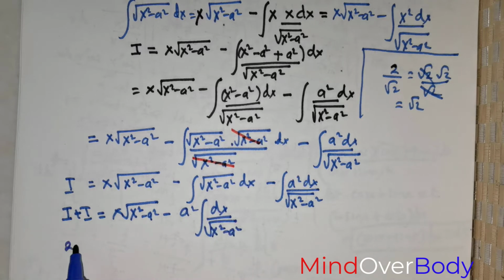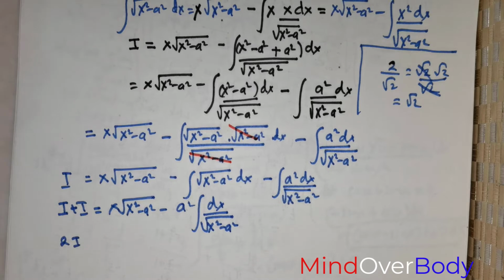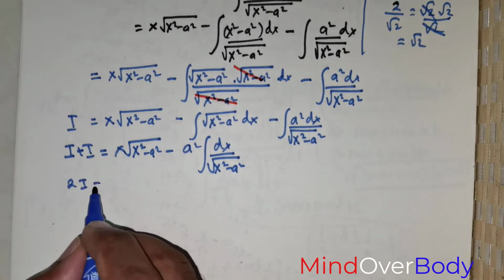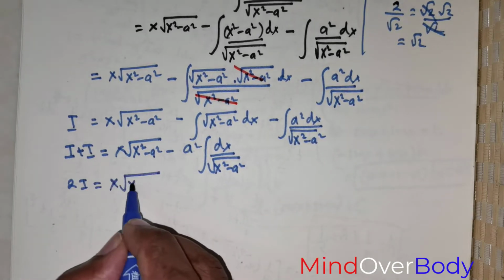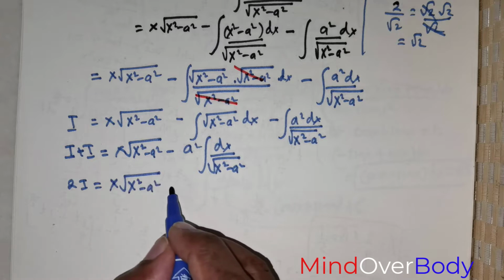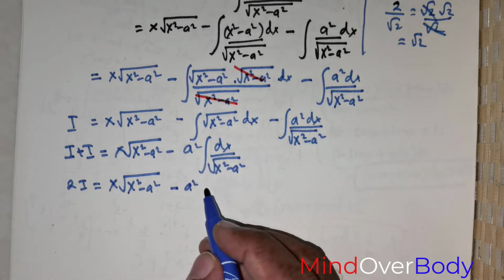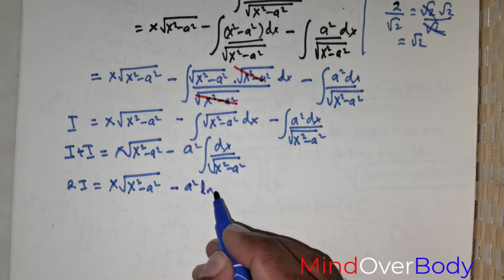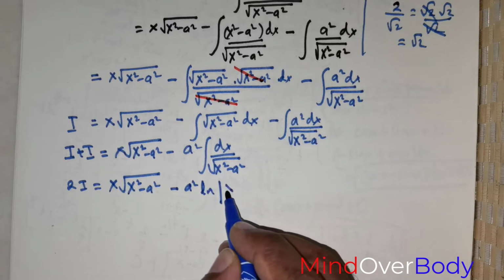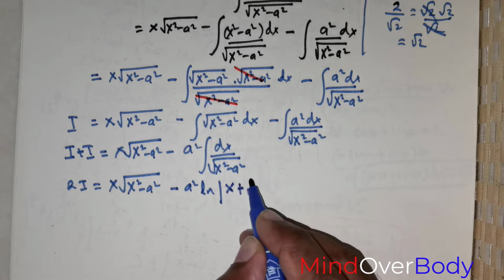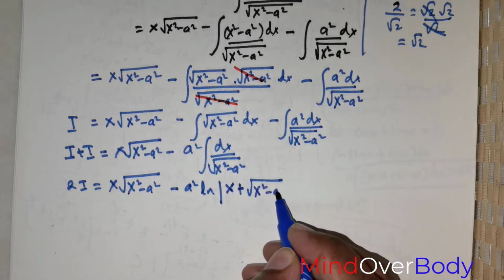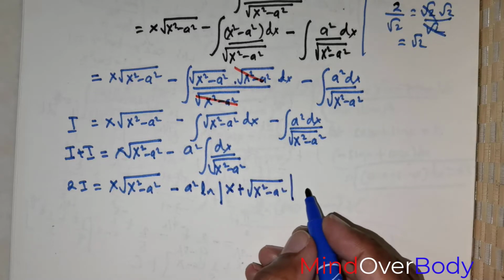So this is going to be 2 times I is equal to x times root of x squared negative a squared negative a squared. Now this is a famous formula which we already know. This is nothing but ln of modulus of x positive root of x squared negative a squared, right?